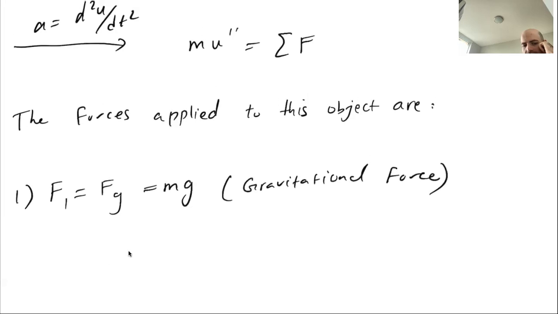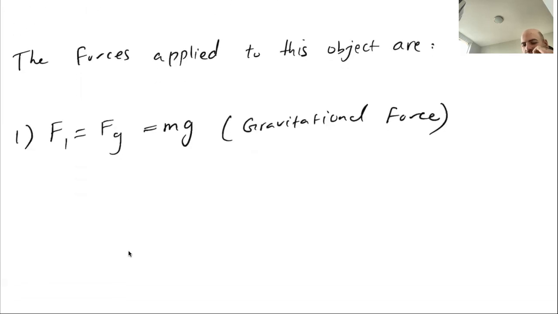And then we also have the force applied by the spring itself, which we can measure by Hooke's law. So F2, let's say, equals Fs, which is going to be minus k times (L plus u).